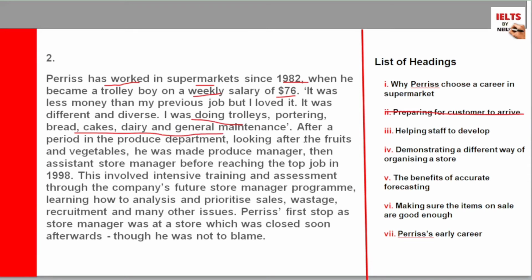They have also given information about when he became produce manager, assistant store manager, and of course the top job that he reached in 1998. So basically they have told us about the work history of Paris.